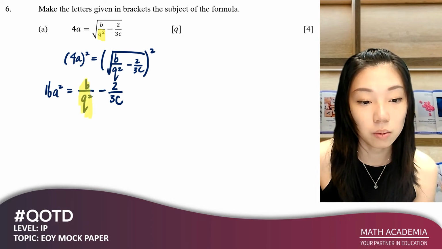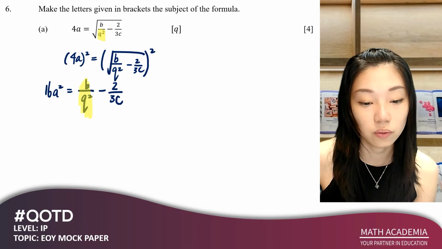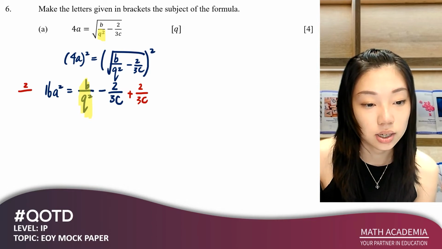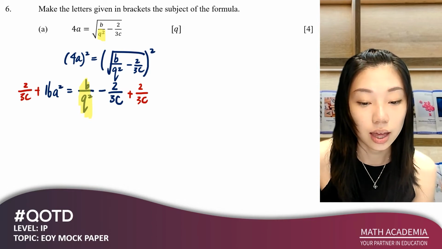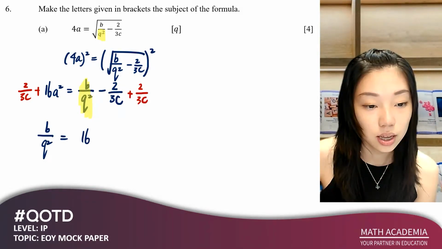So I would aim to move 2 over 3c to the left hand side. If I want to move 2 over 3c to the left hand side, I just add 2 over 3c to both sides.